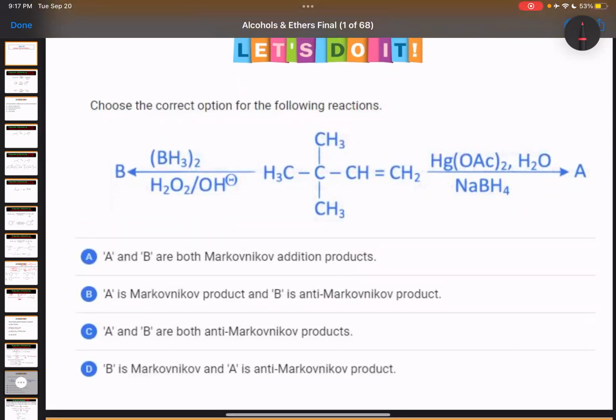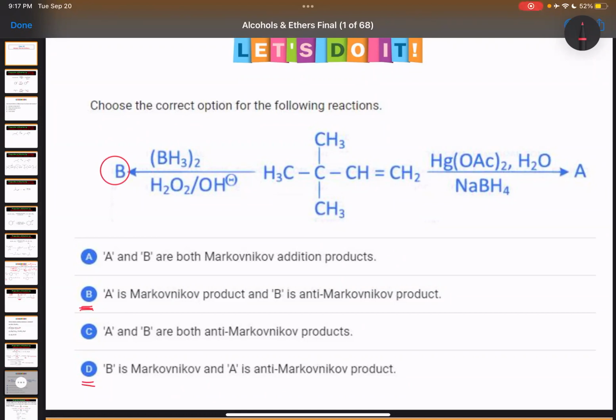Sir, option B, sir. Last option B is, this is B. This one, are you telling B or D? Second option, sir. Second one. Okay.